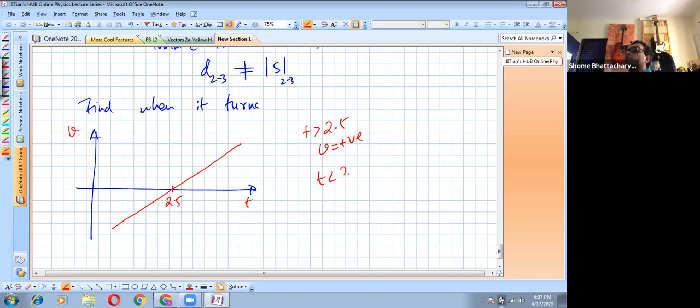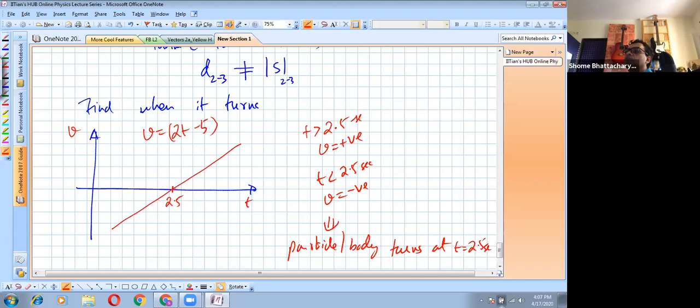For t less than 2.5 seconds, velocity is negative. So that means that the particle or the body turns at t equal to 2.5. And remember how we got the time as 2.5, because we knew the velocity was given by this equation, 2t minus 5. So we just put the value of v as 0. So we know this time is this.